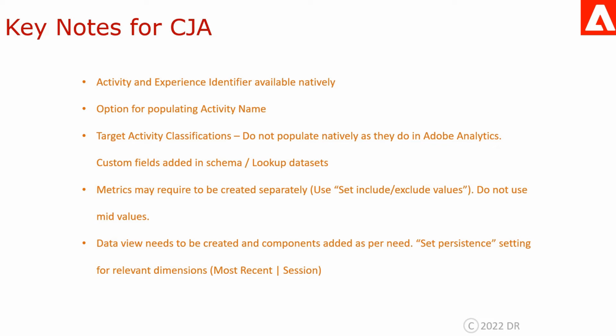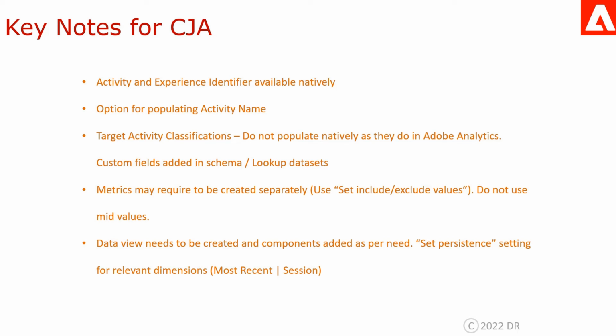Then target activity classifications are not available natively as they were in Adobe Analytics, right? You had the activity name and the experience names defined natively, but it's not here. For that, you can go for the lookup datasets method, or you could create custom fields in your schema and then populate them, right? But those are all custom methods, okay?